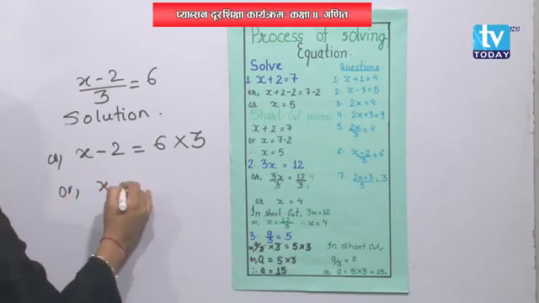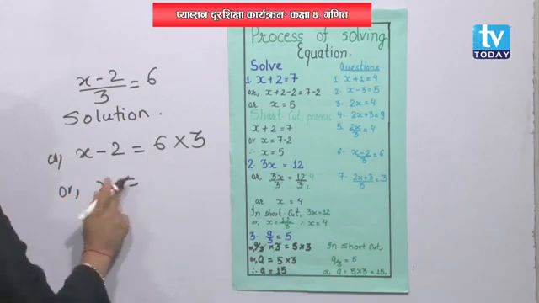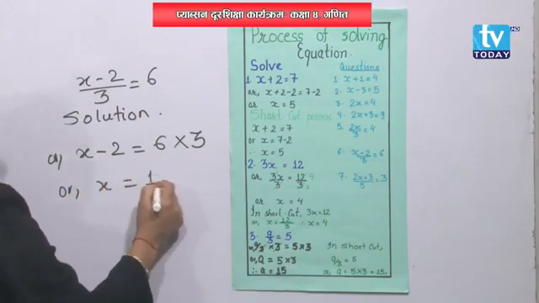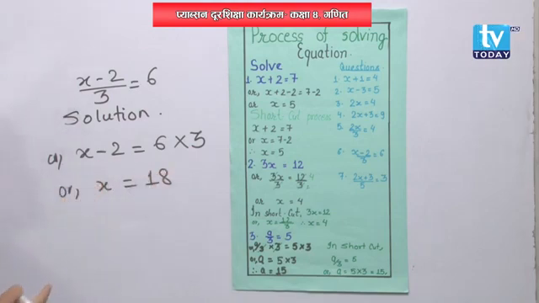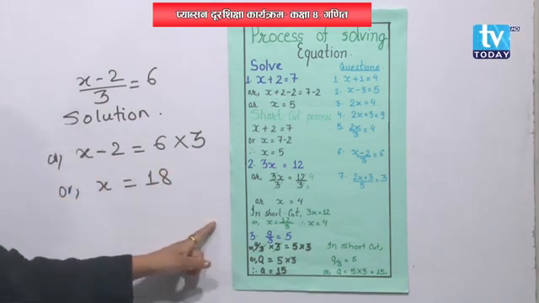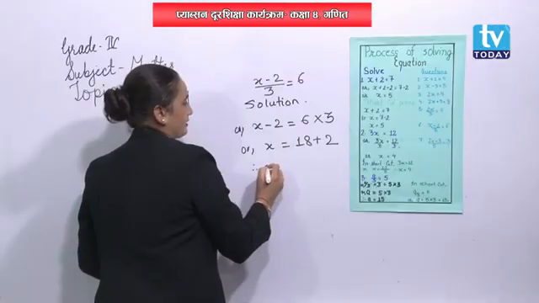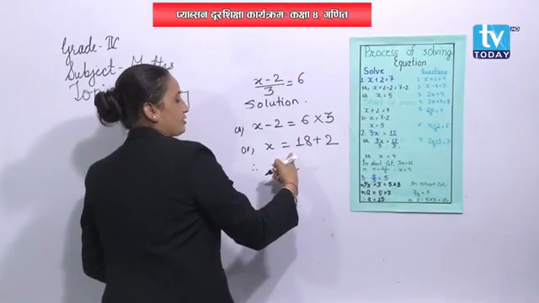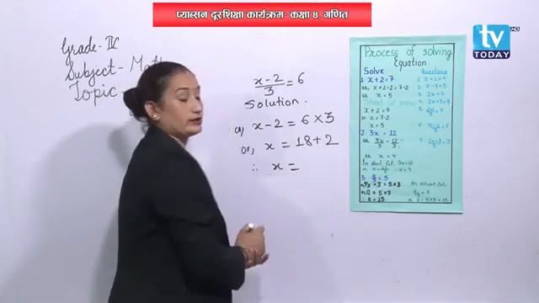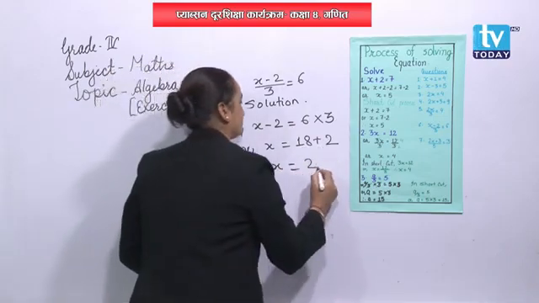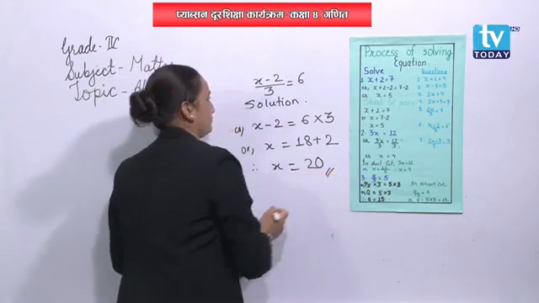Or x minus 2 equals 6 3s are 18. Right, students? Write down 18. And this minus will go to make it plus. So make it plus 2. Therefore, students, x equals 18 plus 2. It will be 20.